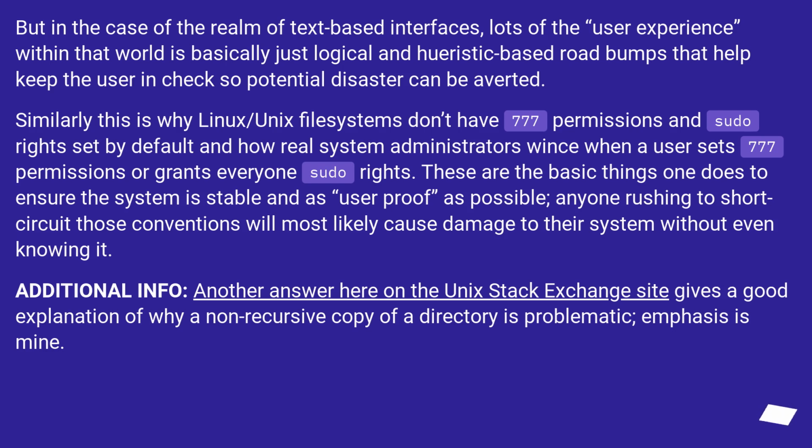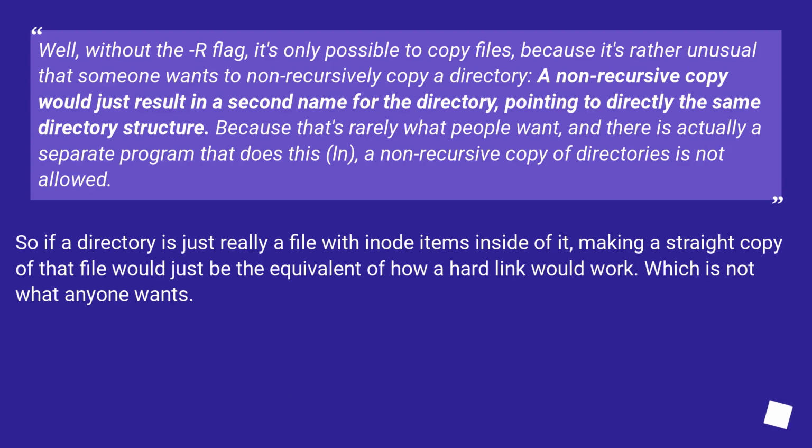Additional info. Another answer here on the Unix Stack Exchange site gives a good explanation of why a non-recursive copy of a directory is problematic. Emphasis is mine. Well, without the R flag, it's only possible to copy files, because it's rather unusual that someone wants to non-recursively copy a directory.